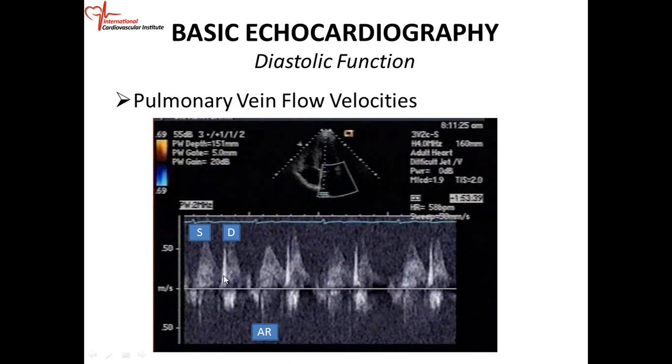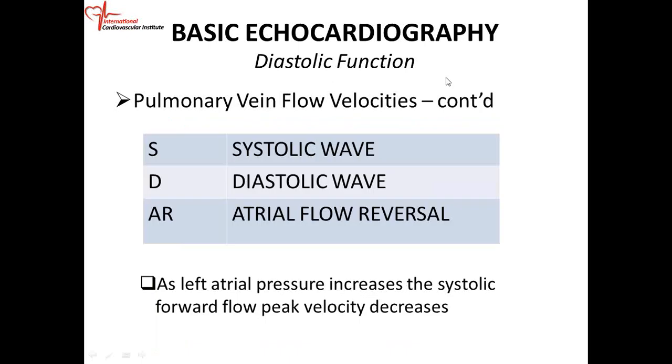So you'll have what we call diastolic predominance. You have your systolic wave, your diastolic wave, and then your atrial flow reversal. As the left atrial pressure increases, the systolic component gets smaller and smaller.